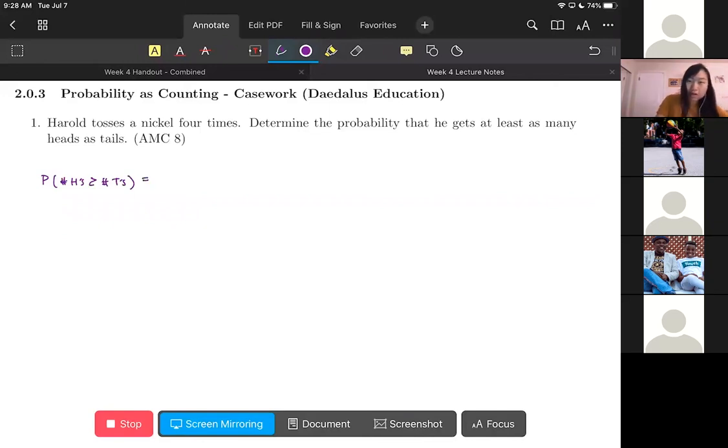And then let's write it down as the fraction of successful outcomes over total outcomes. So here we have the probability: the number of ways to flip it such that the number of heads is greater than or equal to the number of tails, over the number of ways we can flip 4 nickels.